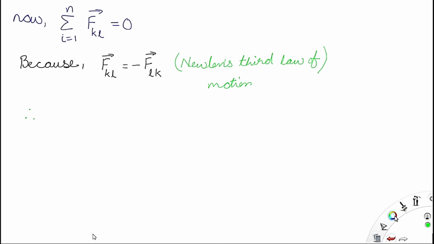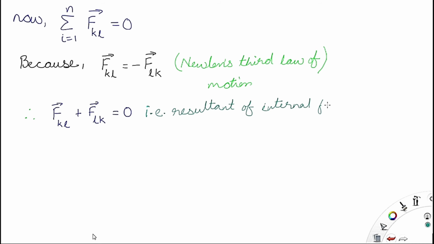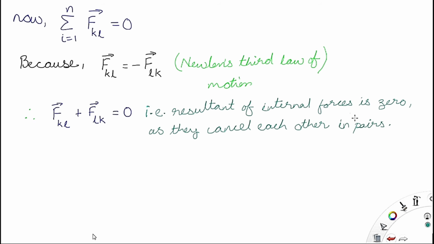Also, why is the summation of FKL equal to 0? Because every particle is attracting every other particle, so the summation of FKL becomes 0.